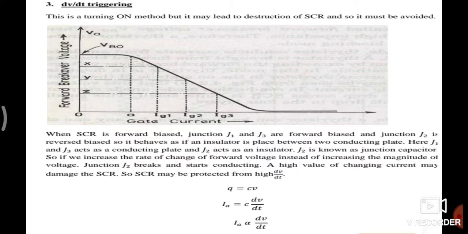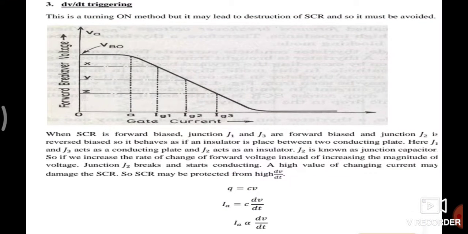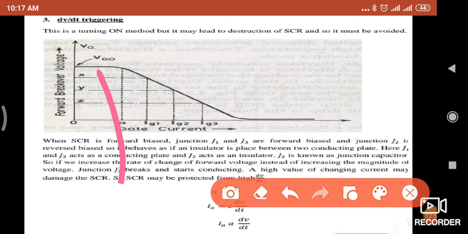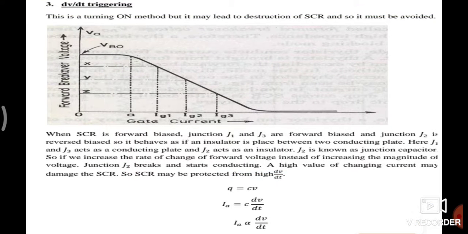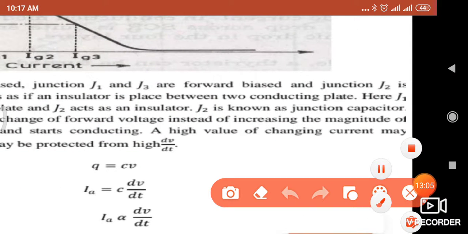So if you increase the rate of change of forward voltage instead of the magnitude of voltage, see here a simple derivation: Q is equal to C into V. Now we know that IA is equal to C into dV by dt.